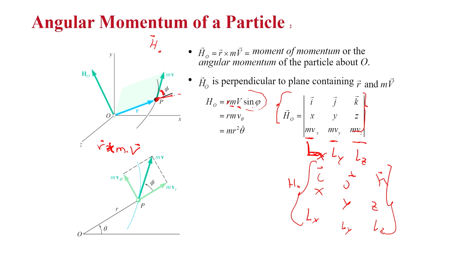If you do know the sine, as in planetary orbits where that angle is known, you might go this route: r times mass times the velocity in the angular direction, which is actually the mass times the radius squared times the change in the angle.